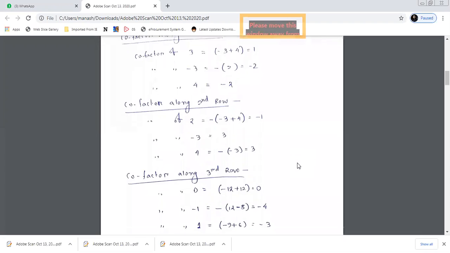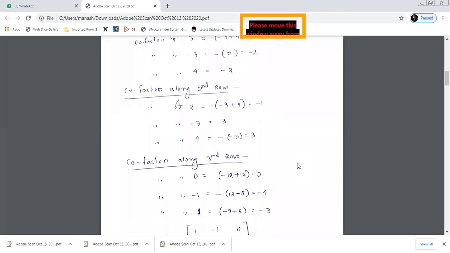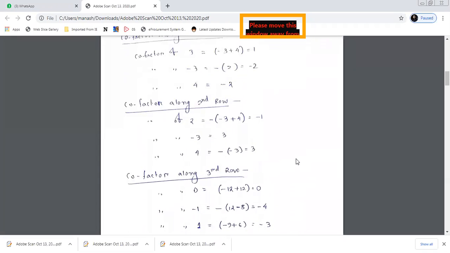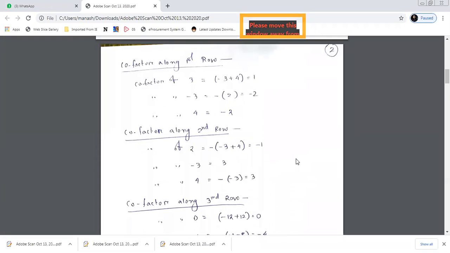After that, what we have to do: after finding the cofactors of the elements along all these 3 rows, we will get the adjoint of A. See here how we can directly find the adjoint of A. You have to put the cofactors along the first row, 1, minus 2, minus 2, in the first column. Now the cofactors of the second row are minus 1, 3, 3.